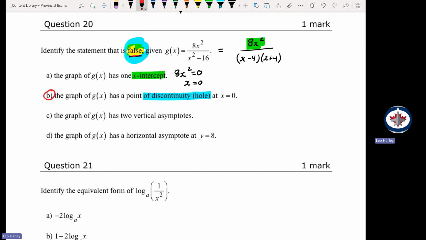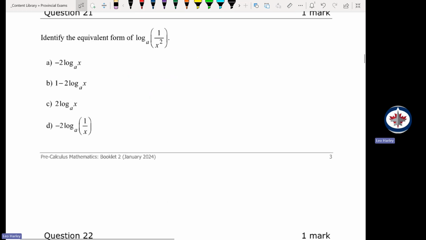Should we continue with letters C and D? If you want. If you have time, maybe if you come back, but right now, don't be afraid to just move on. Okay, next. Can we find the equivalent form of the following? I think what they're asking you to do here is just to recognize that this is log to the base a of x to the -2, since this exponent can be written in a negative manner.